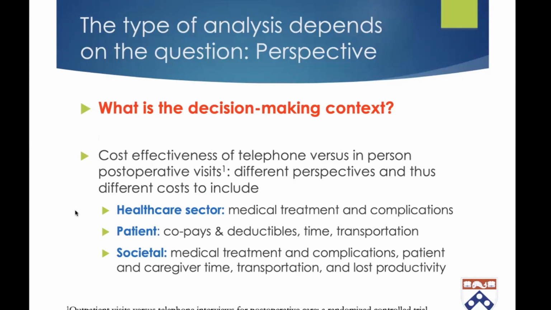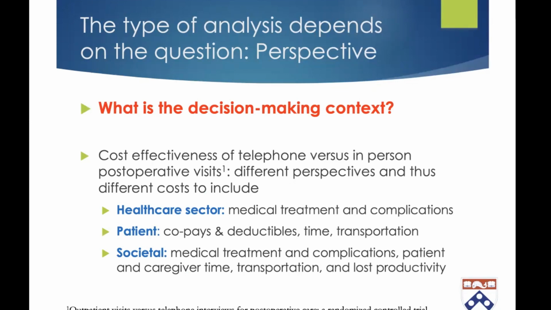So healthcare sector perspective, that's medical treatment, the surgeries, complications, readmissions, ER visits, all that stuff. And then from the patient perspective, co-pays, deductibles, time, transportation, parking, childcare. And then societal, that's the broadest.